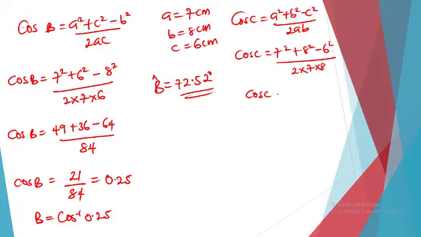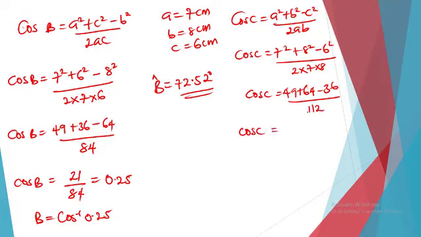Cos C is equal to 7 squared is 49, 8 squared is 64, 6 squared is 36, all over 2 times 7 times 8, which will give us 112.